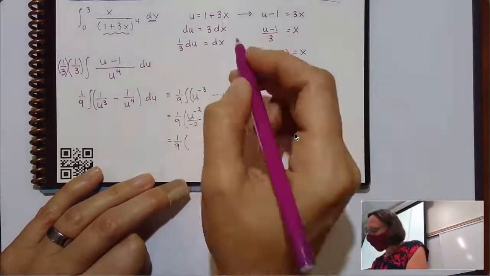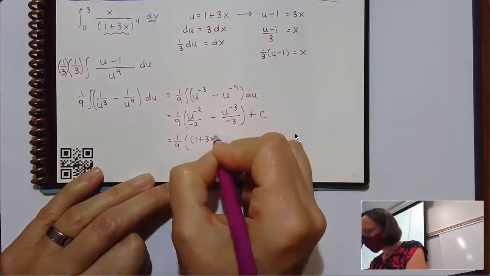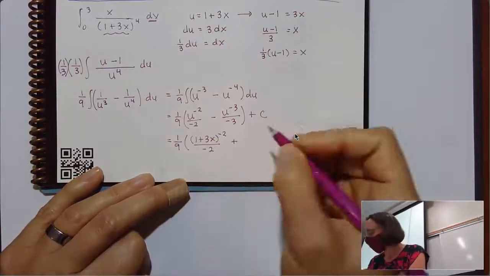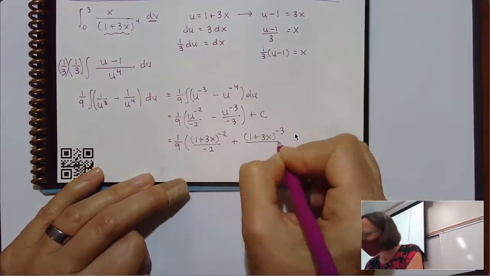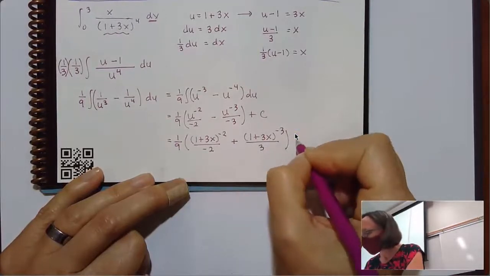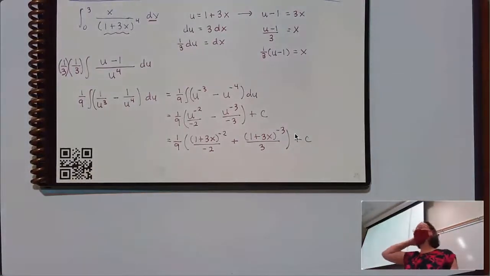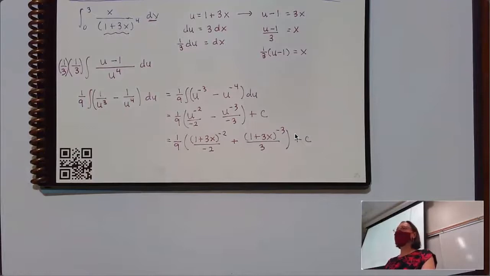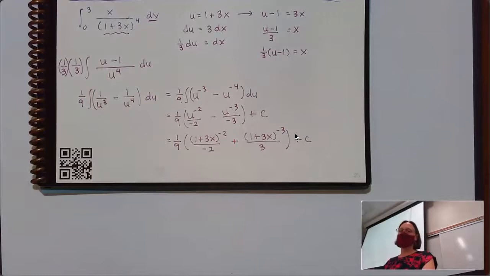U was 1 plus 3x to the -2 over -2, minus a minus, I'll go ahead and make that plus 1 plus 3x to the -3 over 3 plus a constant. And if you did plug all the numbers in, that should look a heck of a lot like the formula. I think the formula puts these in the denominator instead of giving them negative exponents. But other than that, we should have gotten the same answer as using the formula.